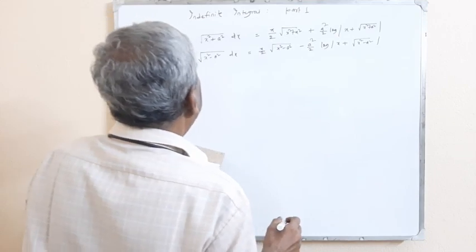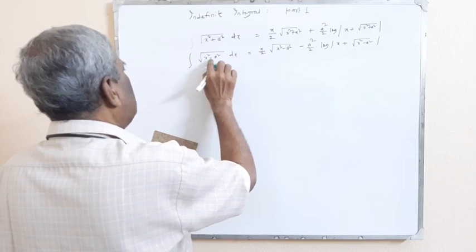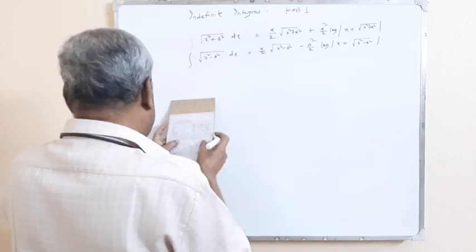In fact, in that formula a square is replaced by minus a square, then we get the result.